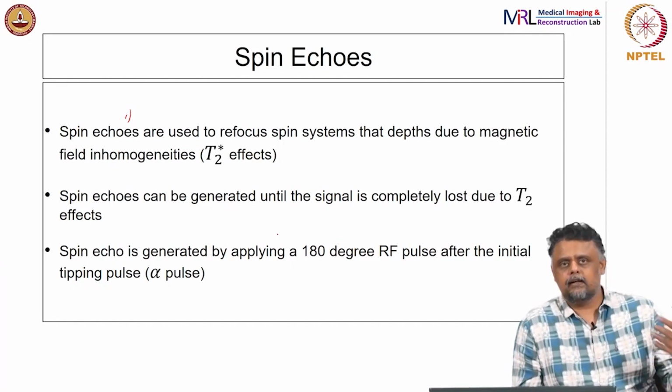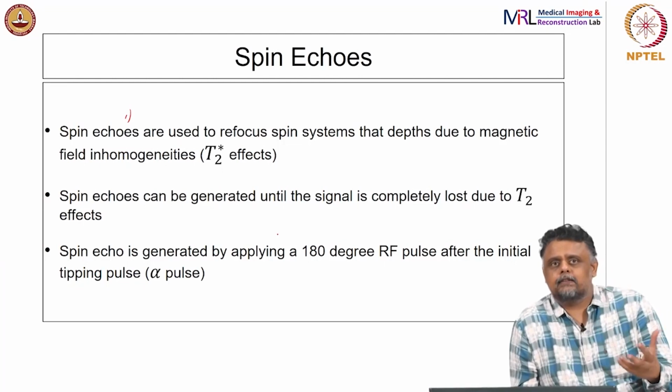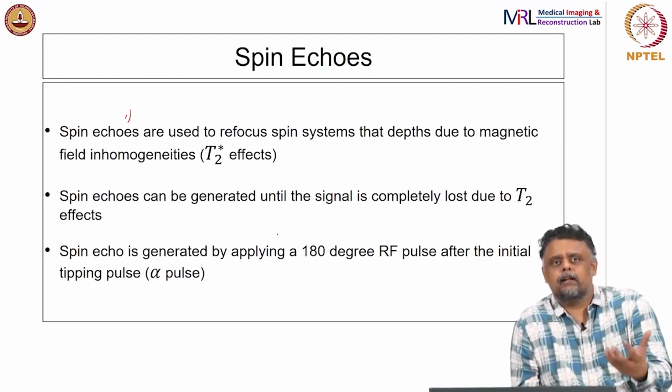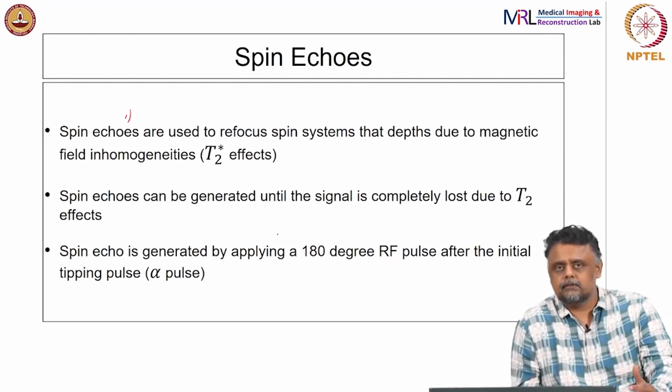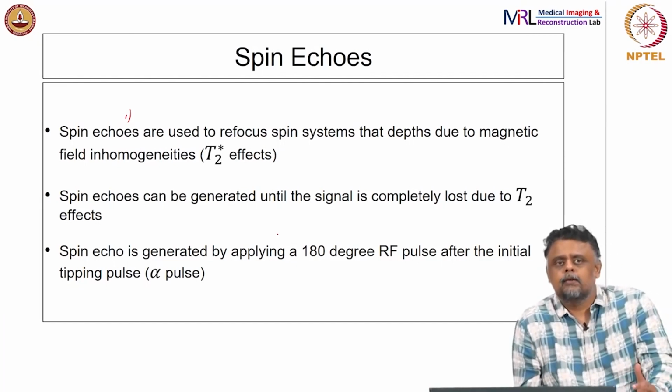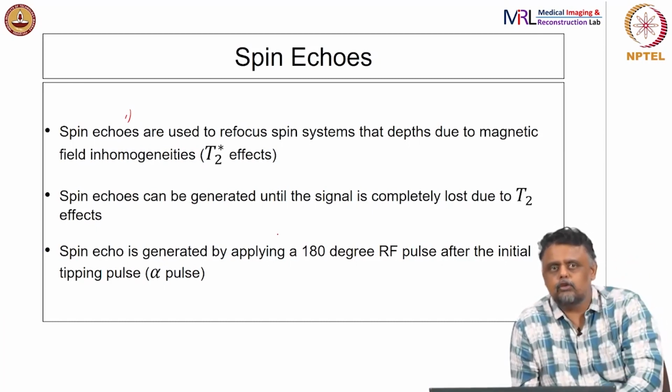The FID starts to die away because the dephasing or defocusing effects of magnetic field inhomogeneities and the spin interaction are very fast. These are milliseconds or less. So, in order to get some more time for measurement, since instantaneous measurements are not possible, and also to get a better amplified signal, you measure spin echoes.